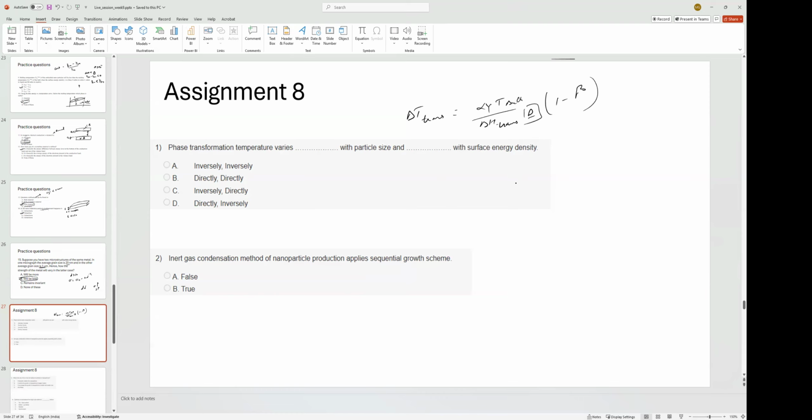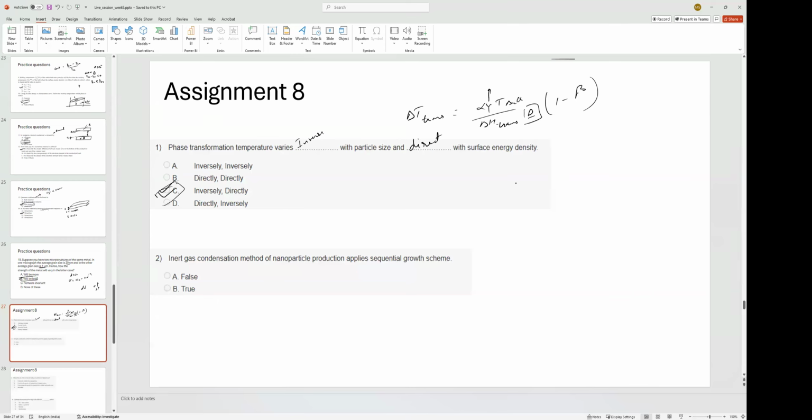So your particle size D is inverse, and your surface density gamma direct. C is correct. Yes.